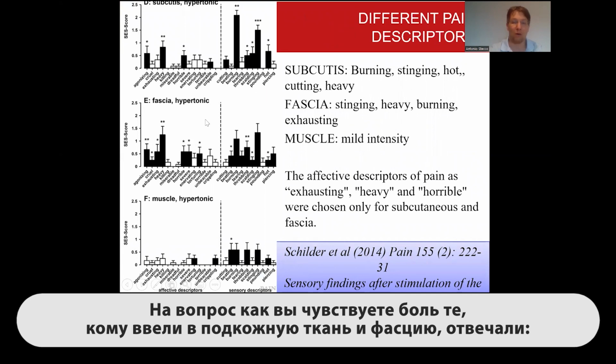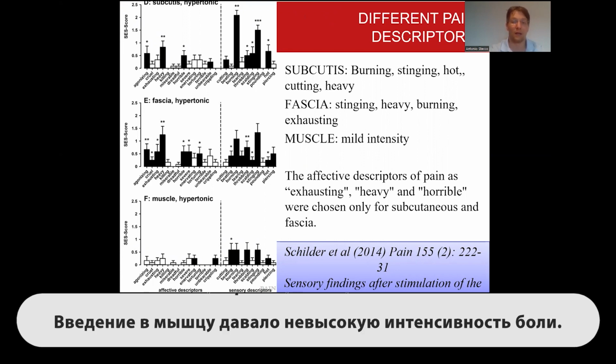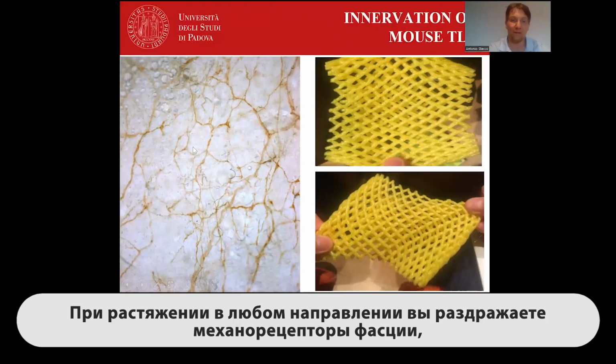Again, in the questionnaire, we asked how they felt it when we injected the saline, and the patient would refer to a stinging, heavy, burning, exhausting feeling. That could be something pathognomonic and specific for areas that are well innervated from a fascia point of view. So what is the advantage?